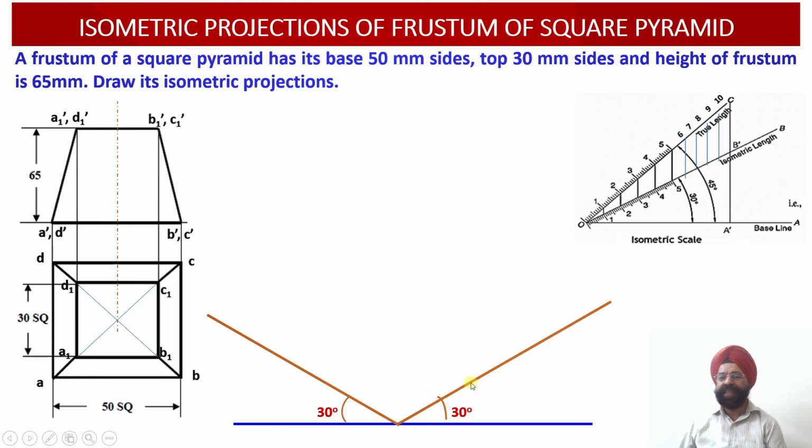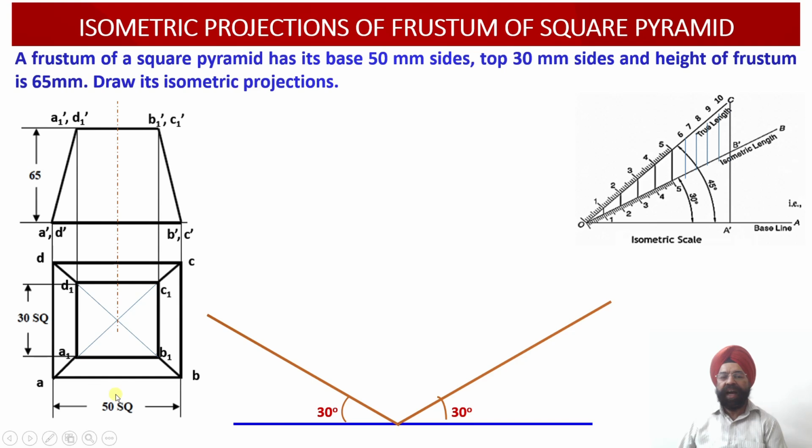Similarly, the isometric z-axis has been drawn towards the right side, again at an angle of 30 degree. And the vertical dimensions will be drawn along the y-axis. That is the height of this particular pyramid, which happens to be equal to 65 millimeter. So this will be drawn along the y-axis.